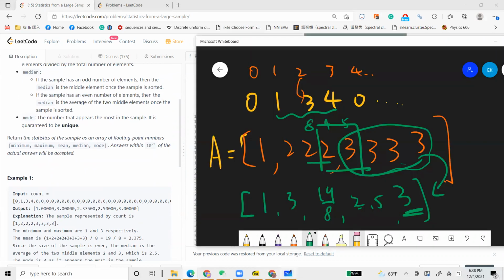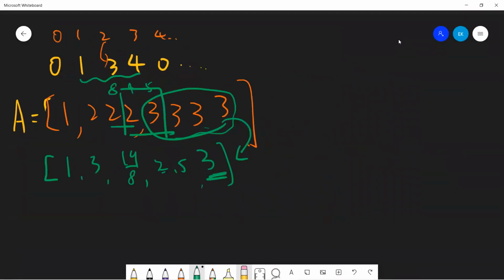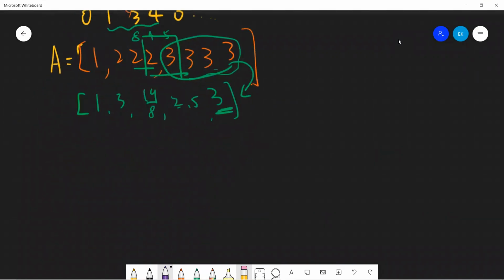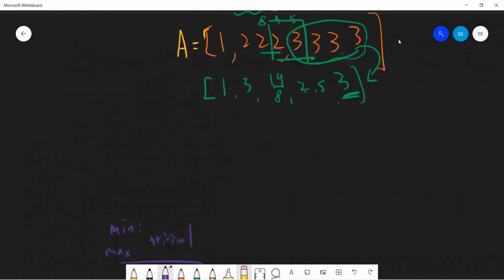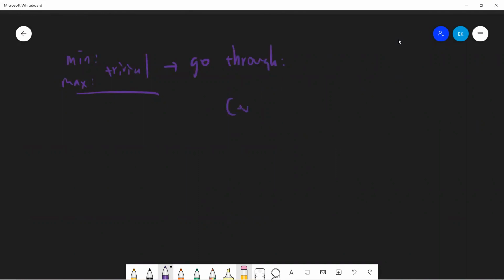So I think the problem is very clear. What should we do? The minimum and the maximum are trivial, because you just go through the array.